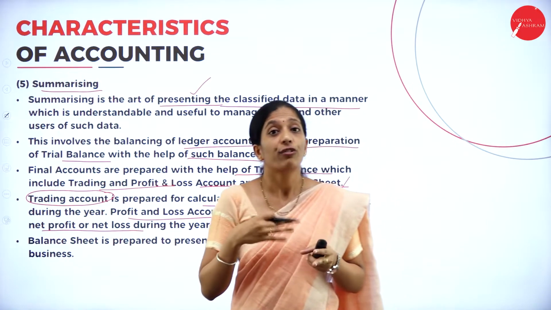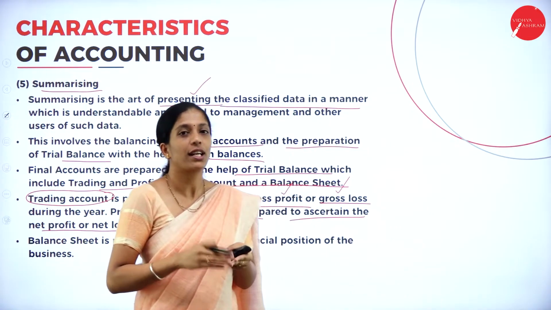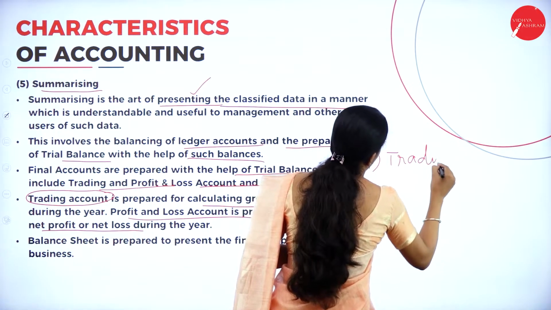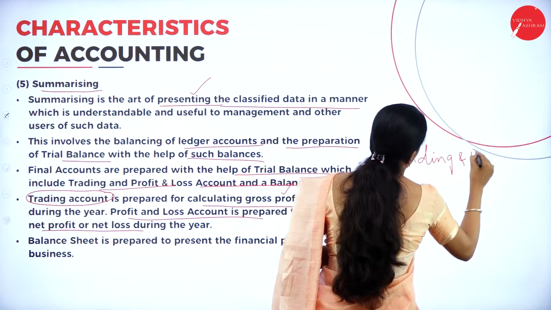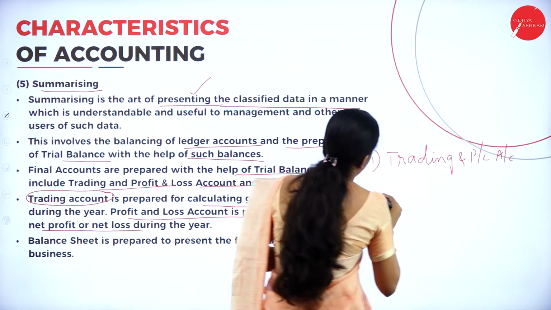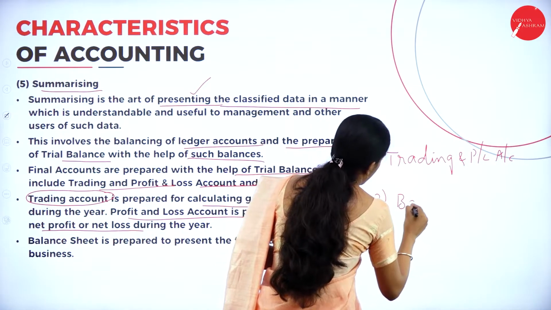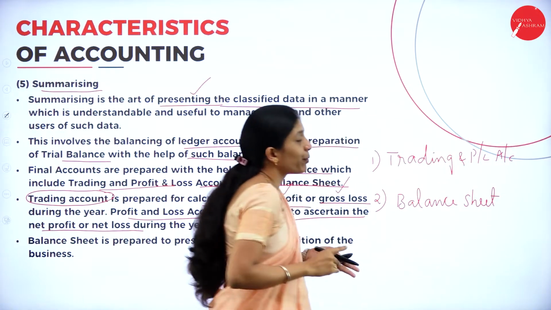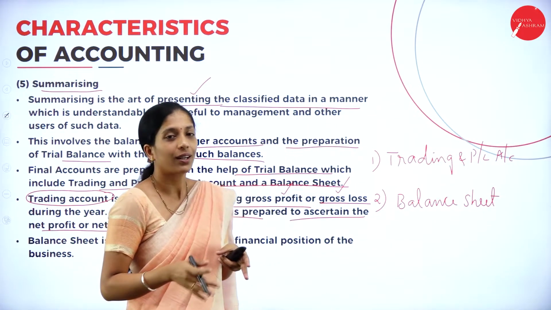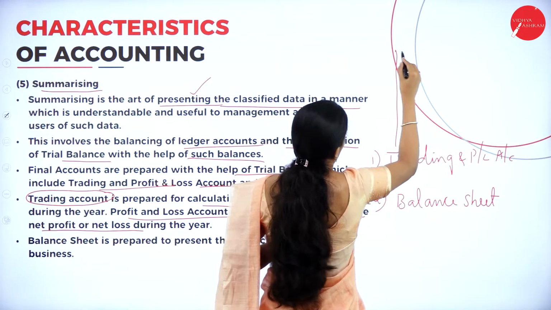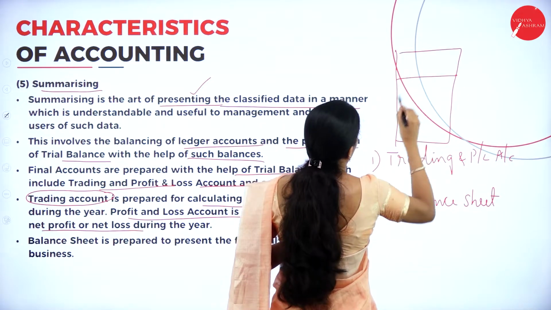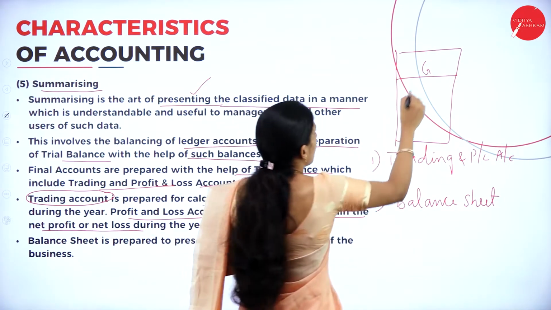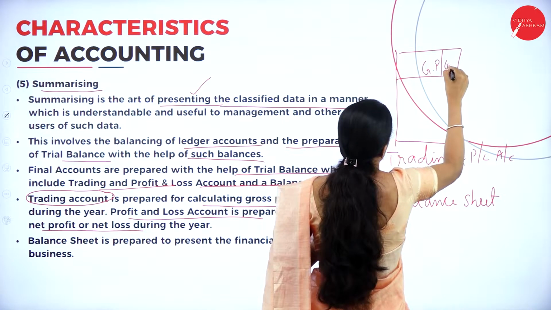Now what is the financial statement of an organization? It contains the trading and profit and loss account, and the next statement we are going to prepare is the balance sheet. You have to remember, trading and profit and loss account is a single account, where the first half is the trading account, after preparing which we come to know the gross profit or gross loss.